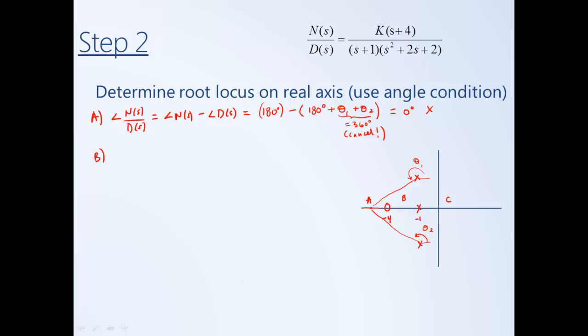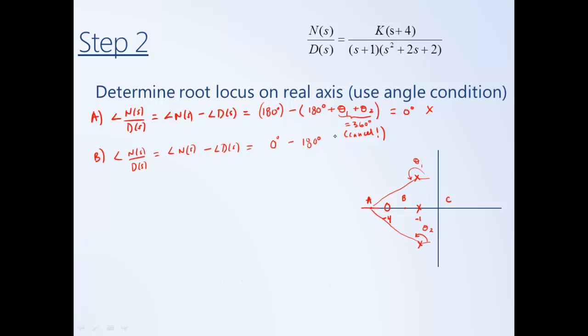We can then go ahead and test region B, where again we draw the angles from the zeros and subtract angles from the poles. In this case, if we draw a vector from the 0 to the test point in region B, that's at an angle of 0. And then if we draw an angle from the open loop pole at minus 1, that's to the left, so that's an angle of 180 degrees.